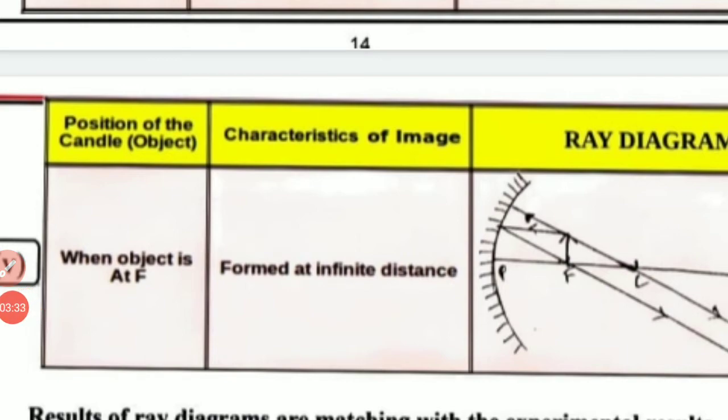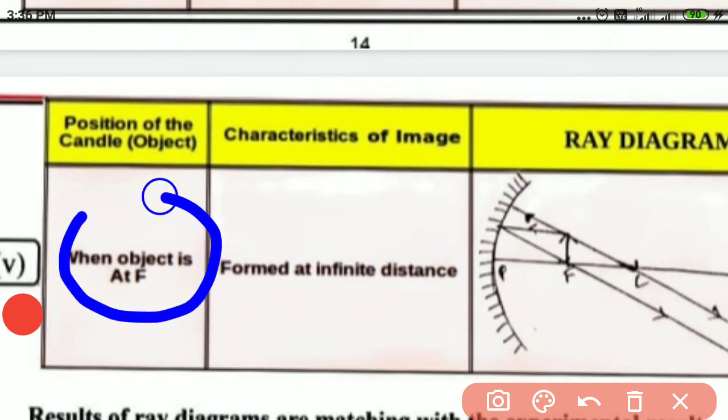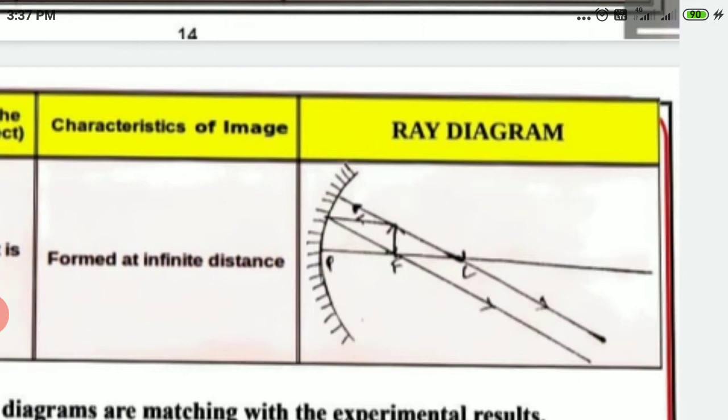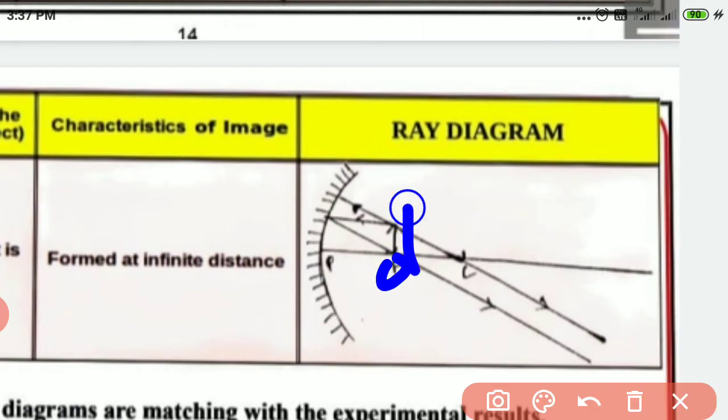Let's see the next case, when the object is at focus. Let's see the ray diagram. See, this is the focus and our object is exactly at the focus. So let's take the two rays again.